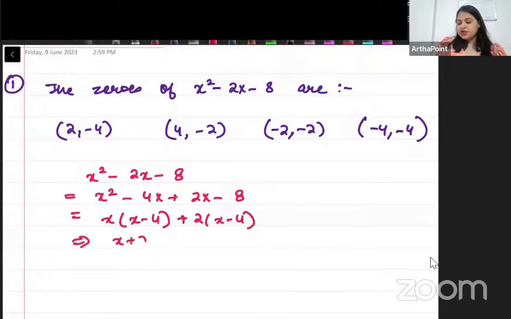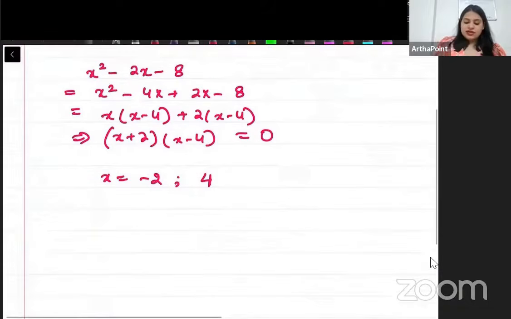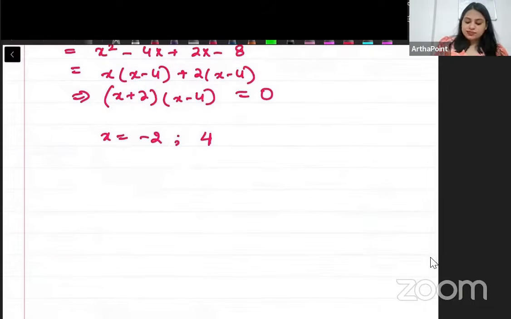This will be x plus 2 times x minus 4. So when you equate this to 0, x will be minus 2 or 4. So the answer to this question is x can be 4 or minus 2. These are the two zeros of this polynomial. Answer is B. Okay, please take the next question, beta.